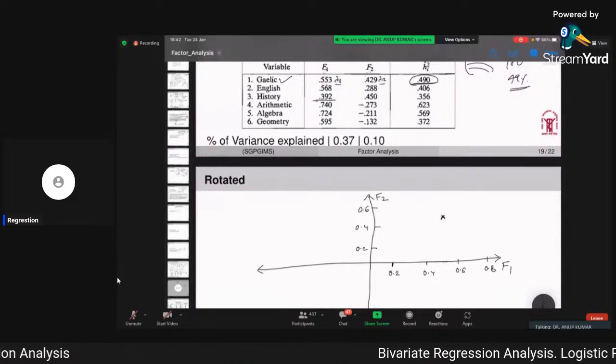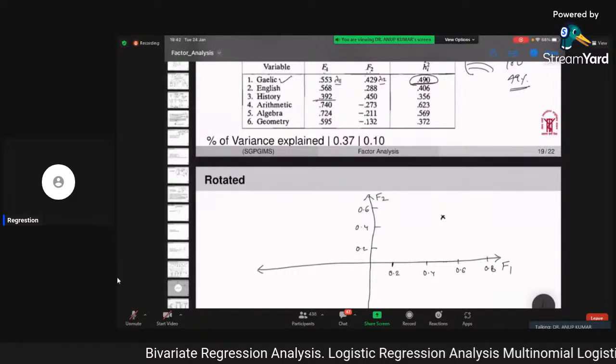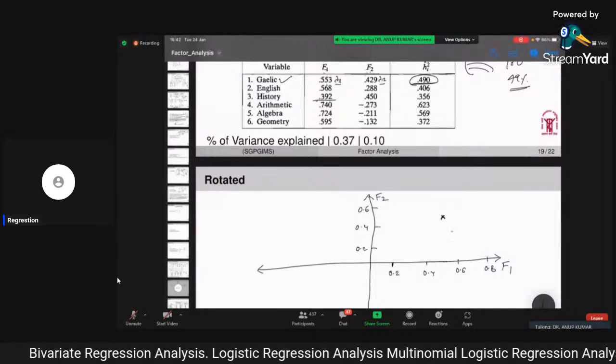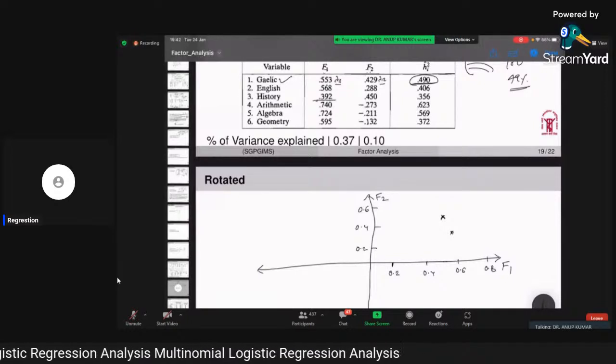Similarly 0.568 and 0.288 will come somewhere here, and then 0.392 and 0.450.